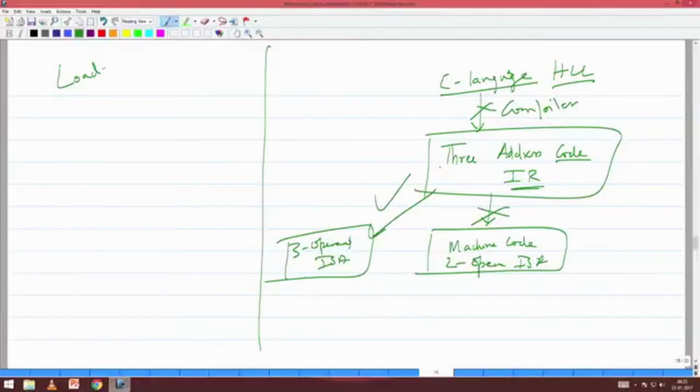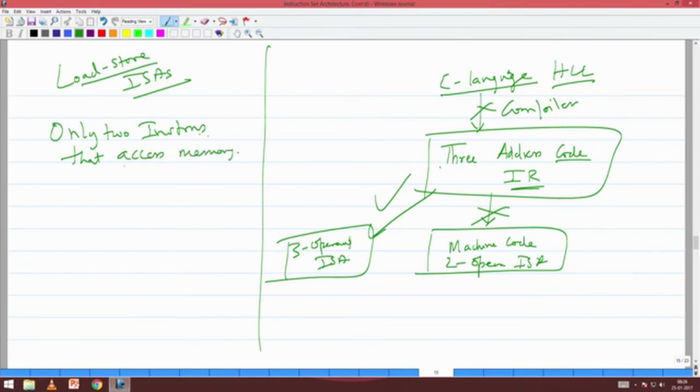But when I look at 3 address operands, those types of ISAs fall into one category called load store ISAs. What do you mean by a load store ISA? There are only 2 instructions that access memory.